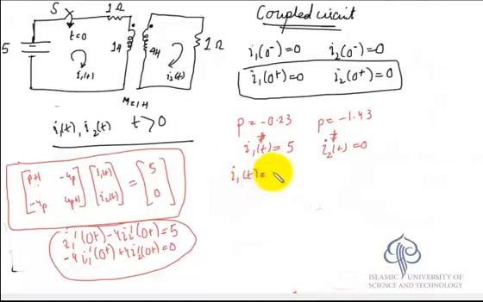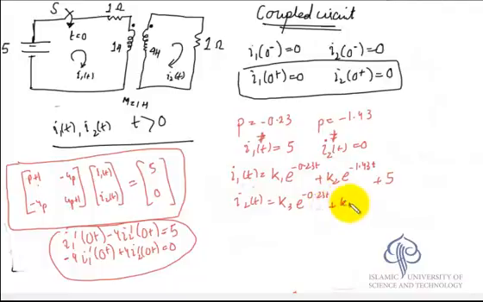So you can straight away write down the values. I1t is equal to k1 e to the power minus 0.23t plus k2 e to the power minus 1.43t plus 5, and I2t is equal to k3 e to the power minus 0.23t plus k4 e to the power minus 1.43t plus 0.